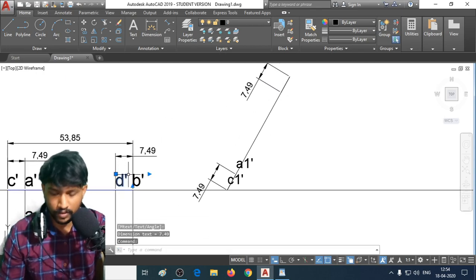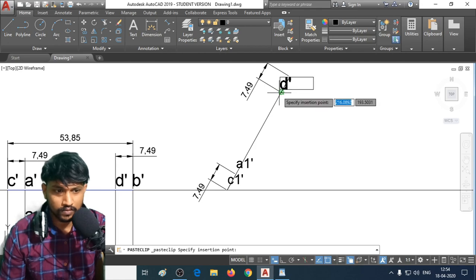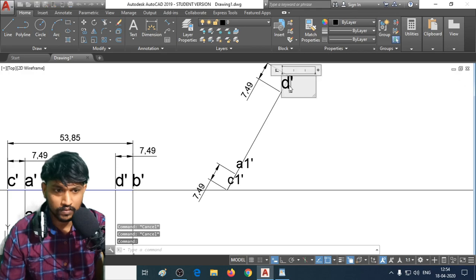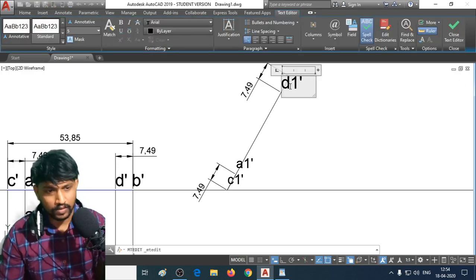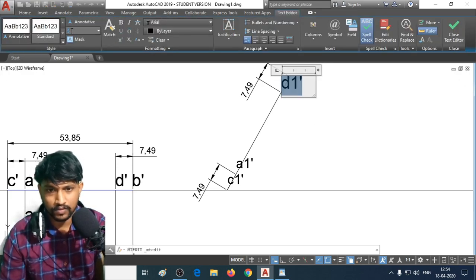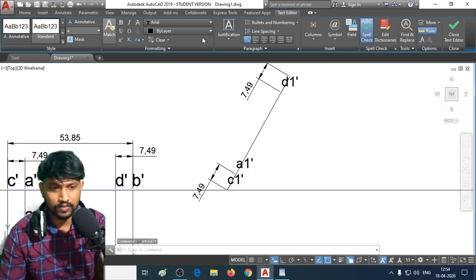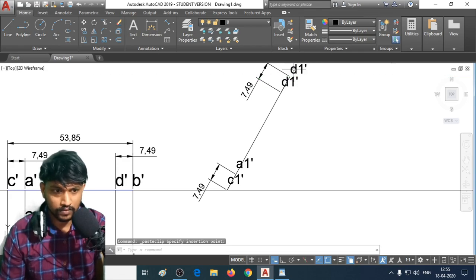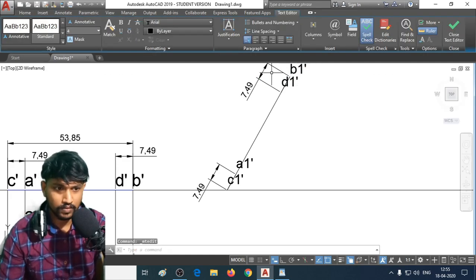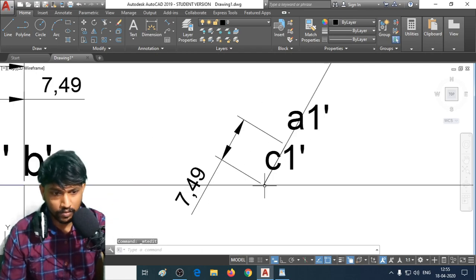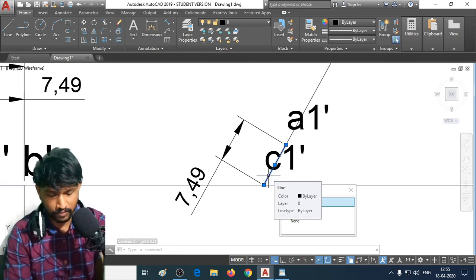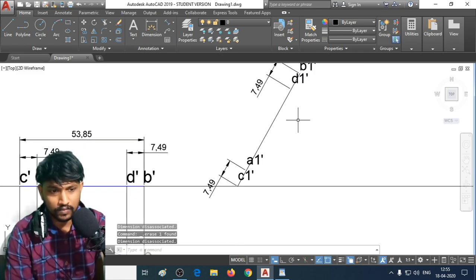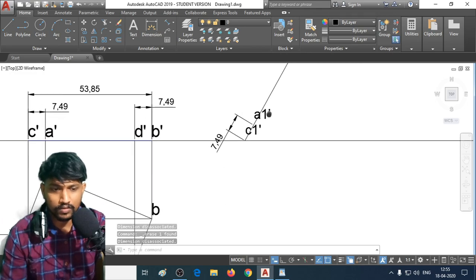At this particular point, D1 dash. So I'm going to erase these lines, we don't need them. Okay, now what do we need to do?